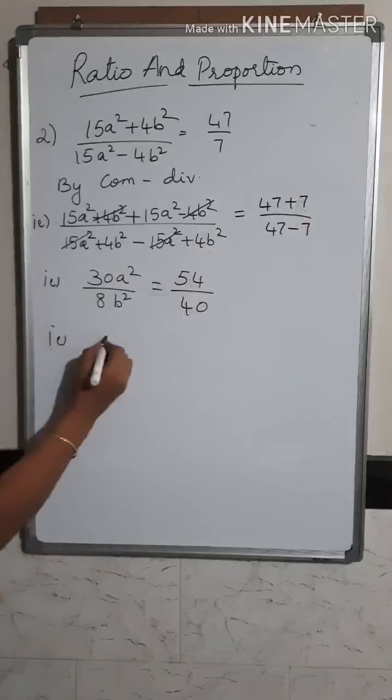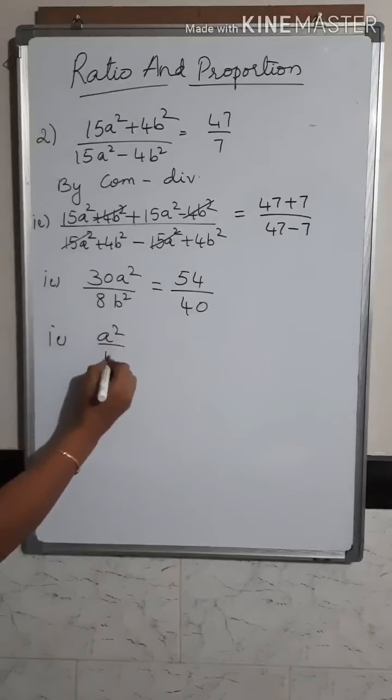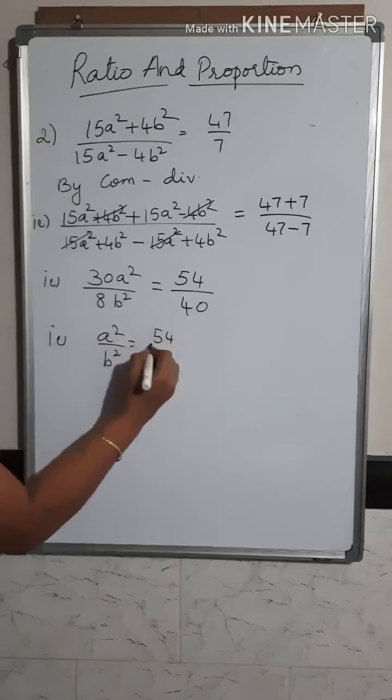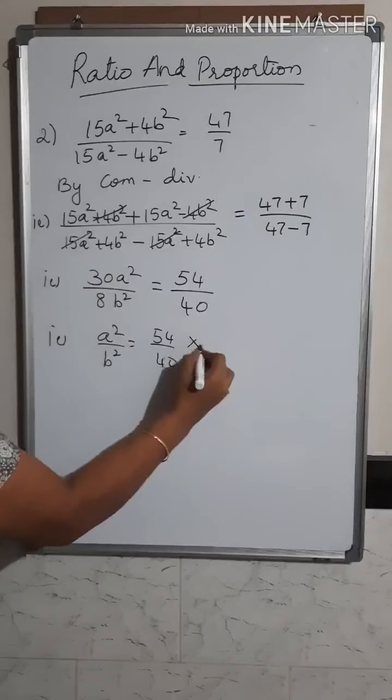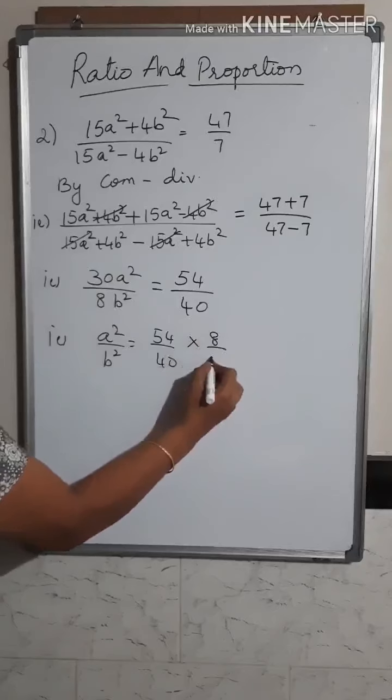Now further, a square upon b square is equal to 54 upon 40. When you take this to the other side, you have to take the reciprocal, so you will get 8 upon 30.